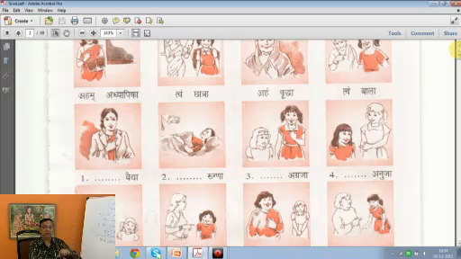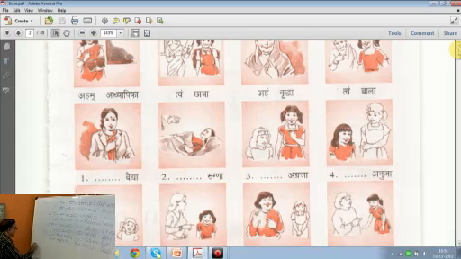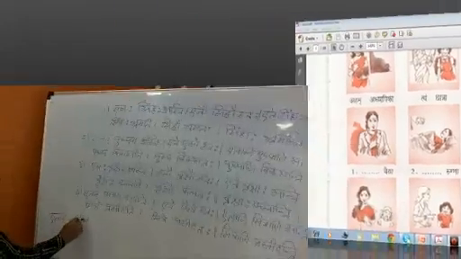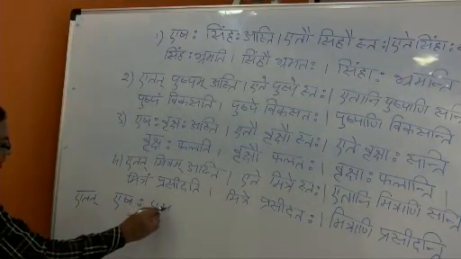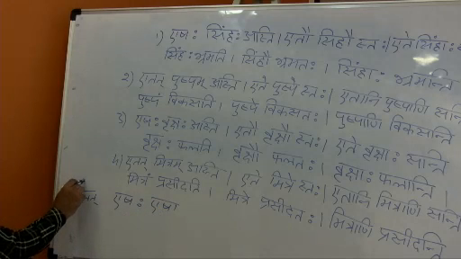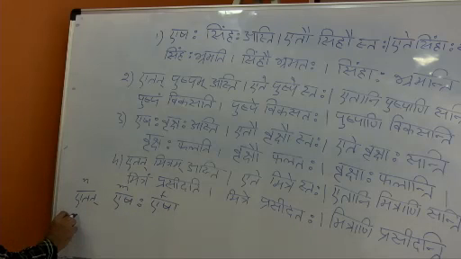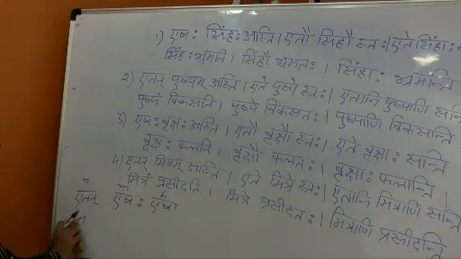Like etat, which has gender in all the three genders, it is derived: eshaha, esha, etat. For example, here on the board, eshaha is masculine, etat is neuter, and esha becomes feminine. Saha, sa, tat, we have studied all this.